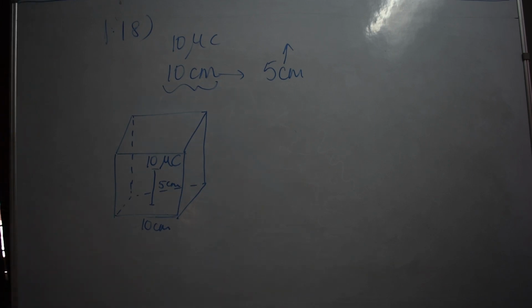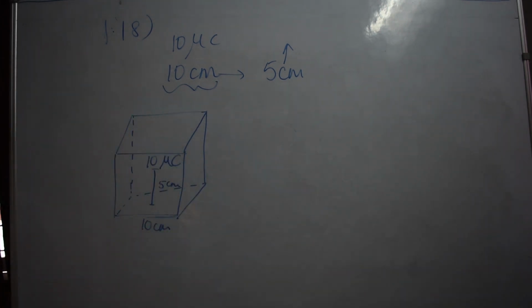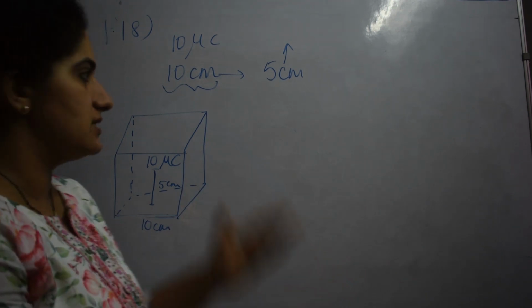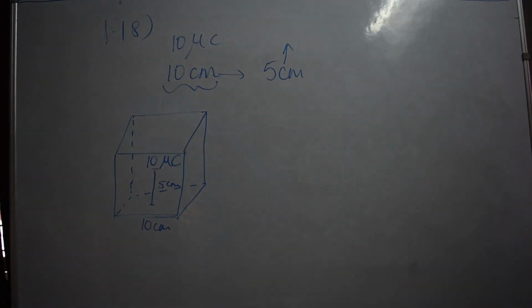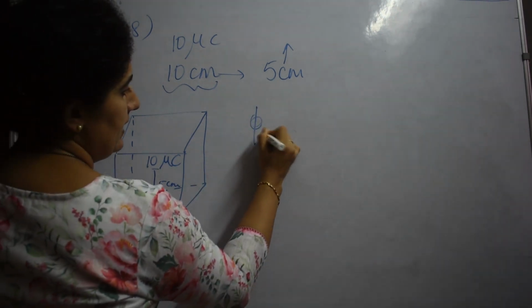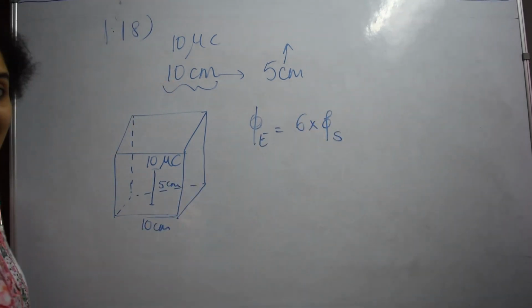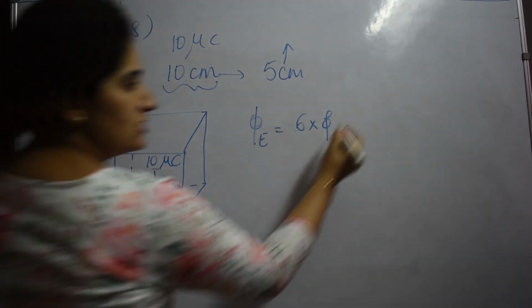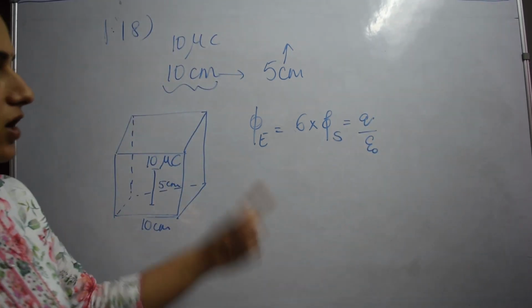Okay. So symmetry of the 6 faces of the cube tells us that flux is the same through all the surfaces. So the total electric flux phi E is equal to 6 into flux through each surface, and that should be equal to Q by epsilon naught. This is Gauss law.